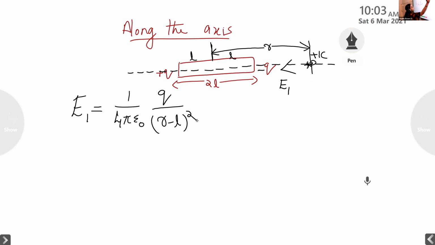When we consider the plus 1 coulomb from the center of the electric dipole, the distance of separation is given by R. Now we want to calculate the distance of separation between this minus Q and the center of the electric dipole, that is L. So that distance we need to add to the total distance R. So E1 becomes 1 by 4 pi epsilon 0, Q divided by R plus L the whole square. We can call this equation number 1. Is it clear?